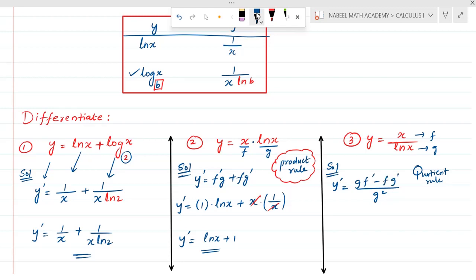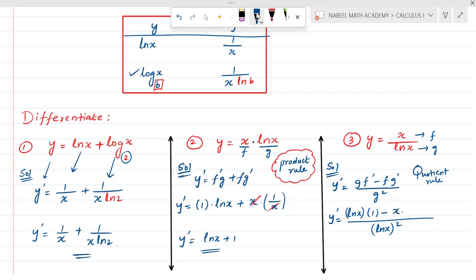If I substitute the values, y prime is equal to the whole over ln x whole squared. Then here ln x will be fixed and the differentiation of x is 1, minus x fixed.